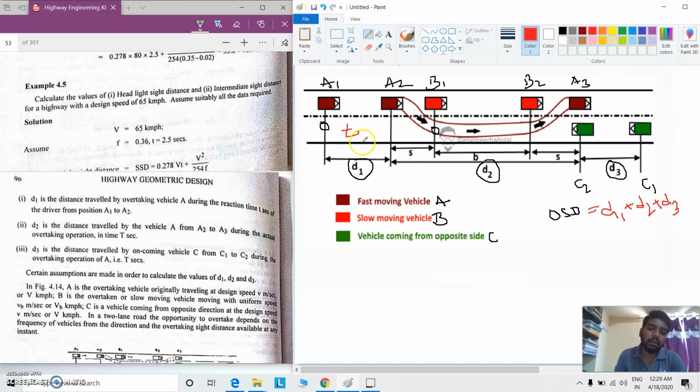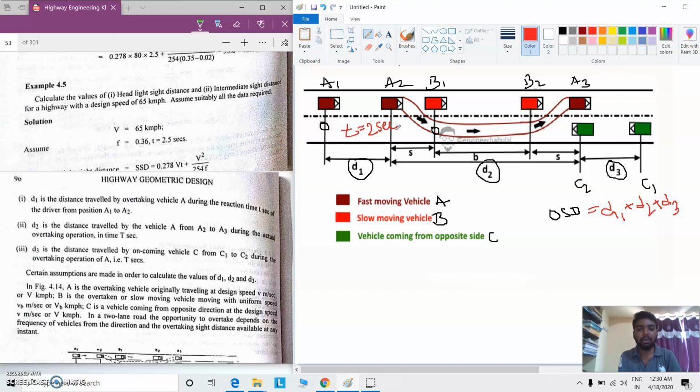Here the reaction time of the driver is considered as 2 seconds in overtaking sight distance, but in stopping sight distance we considered the reaction time of the driver as 2.5 seconds.